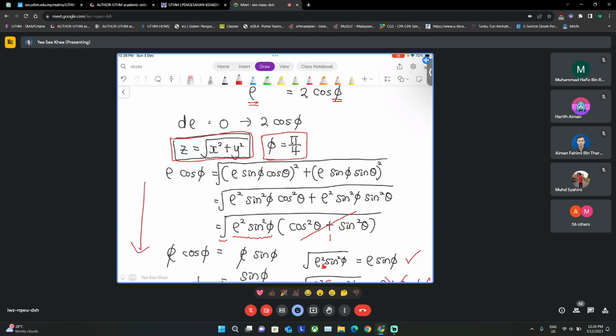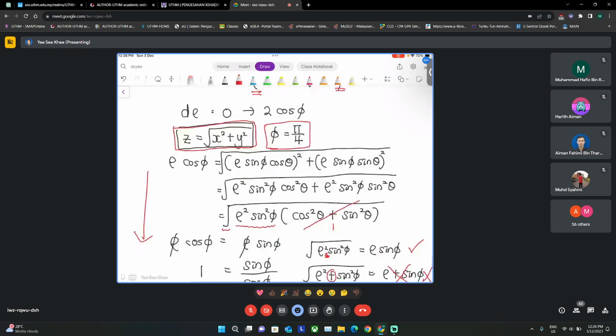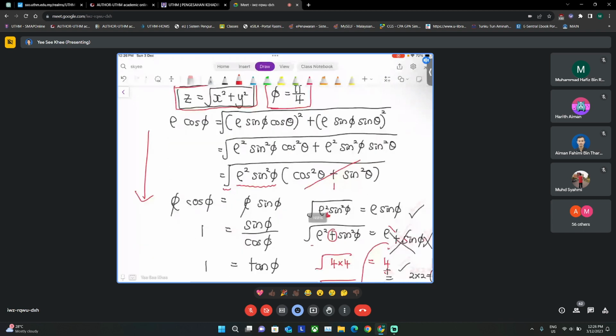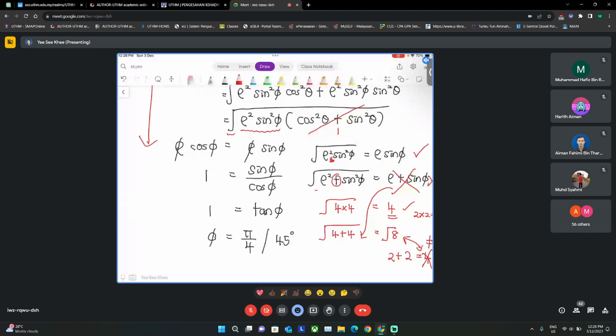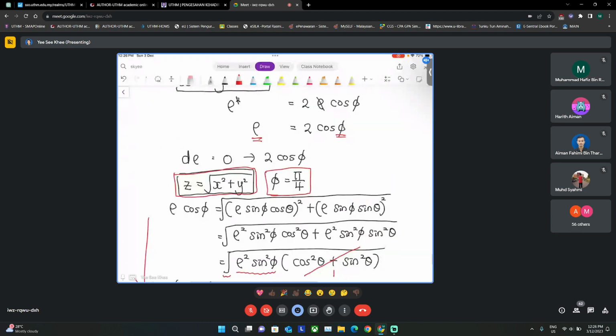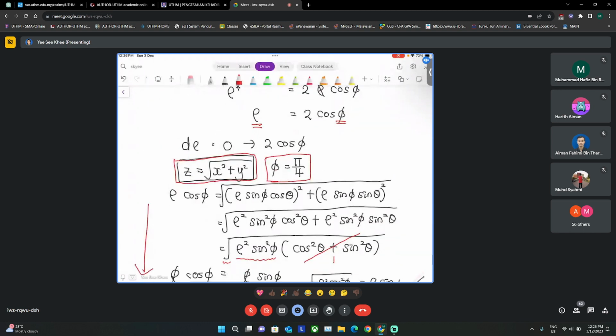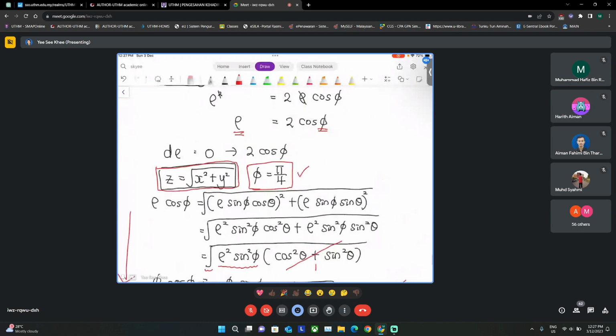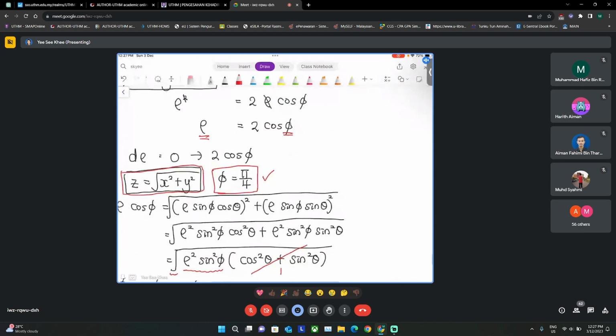Because I want you to know how you get this pi over 4. But in the following example, you don't need to do all this calculation anymore. Just use this one. So in this case, we'll continue back, because just now it was just showing you why it is pi over 4.